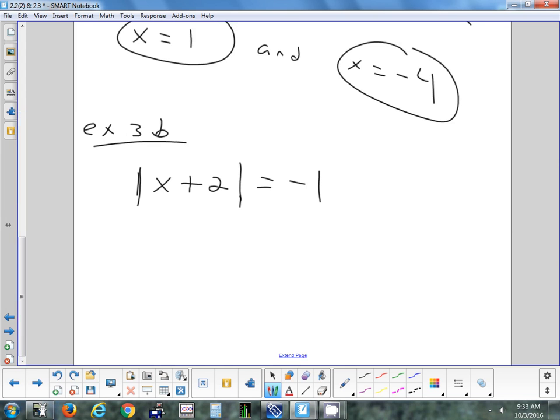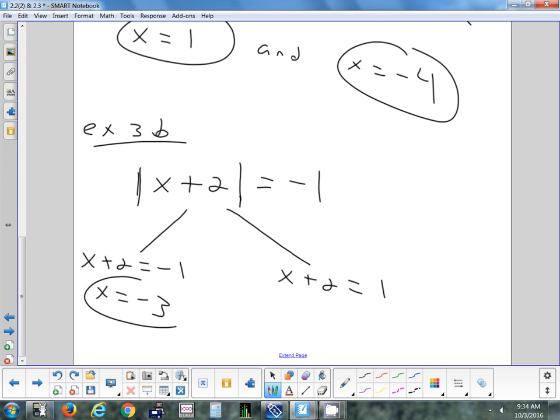Absolute value can never equal a negative number. The problem is if you try to solve this, you're not going to run into any algebra problem or error. You're just going to go through it and think everything worked. You're going to write x plus 2 equals -1. X plus 2 equals +1. Subtract 2 from both sides. You get x equals -3.